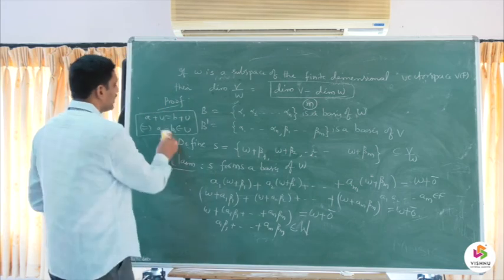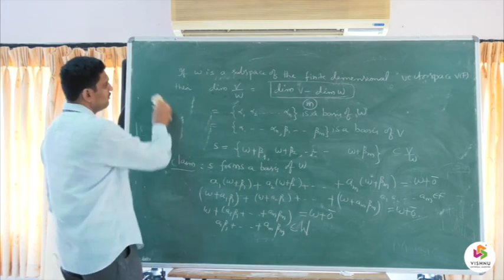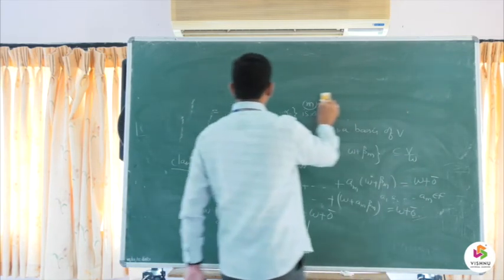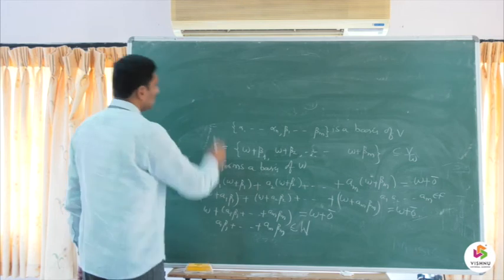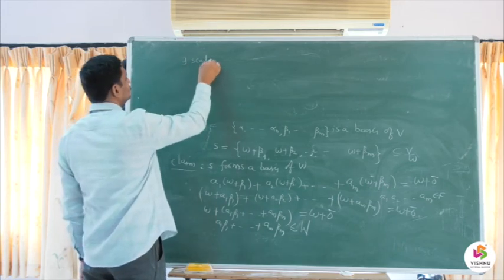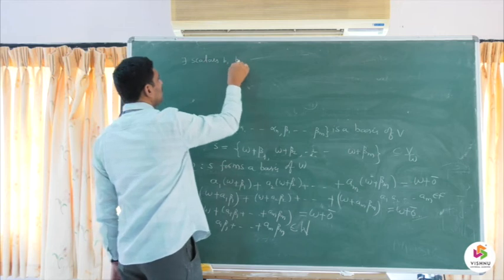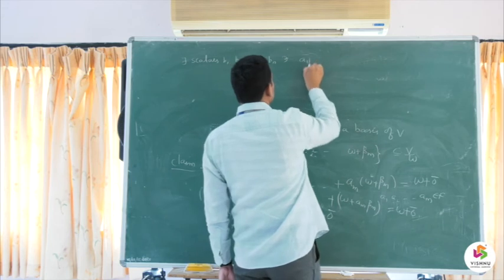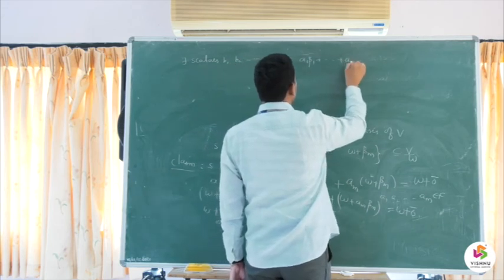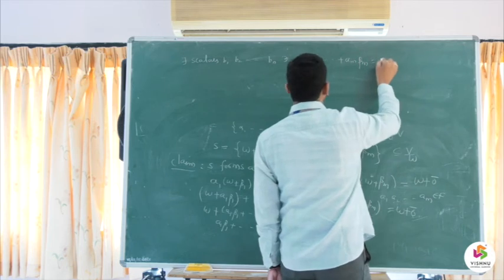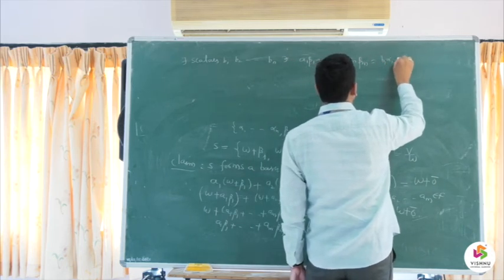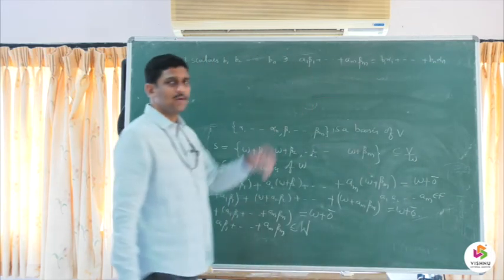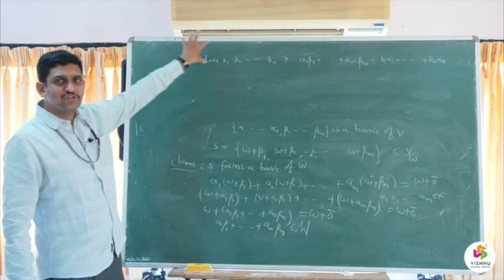So, here I will write that. I will make space on the top. So, there exist scalars B1, B2, so on Bn such that A1 beta 1 plus so on plus AM beta M is equal to, say, B1 alpha 1 plus so on plus Bn alpha n. Since it is a basis for W, I can write like that. Now, you take all the values to the left hand side.